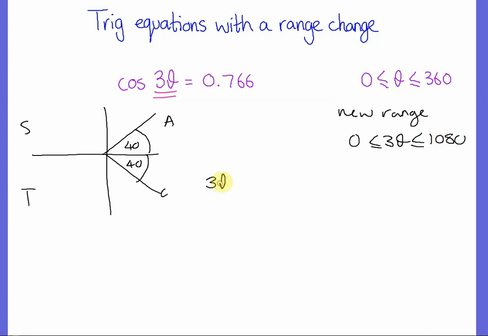So we're saying 3 theta is going to be 40. Remember, this is 0 and 180. Then we've got 40 short, or 40 shy of 360, so we're going to have 320. Then from 360, we've got to keep going around 3 times. So that's going to be up to 400.